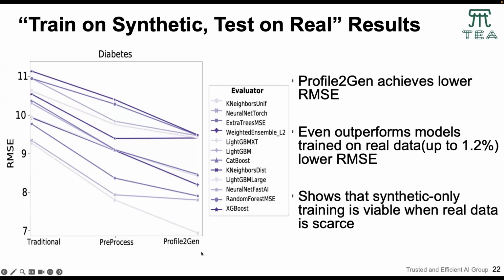And once we also add the refinement, which is their ultimate profile to gene framework, it achieves the lowest mean square error. So yeah, this is good because we want the models trained on the synthetic data to have better prediction accuracy.